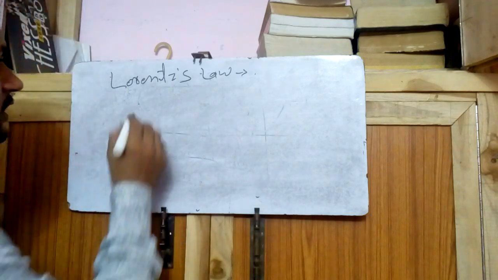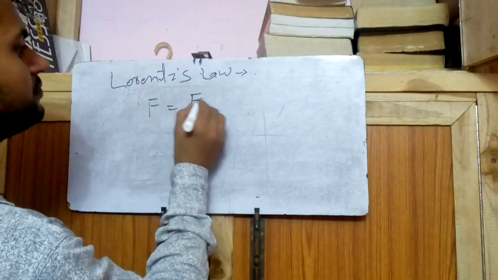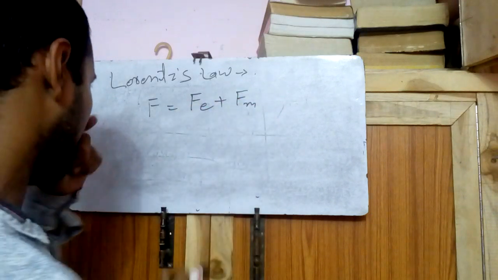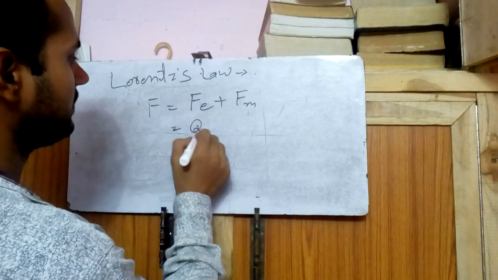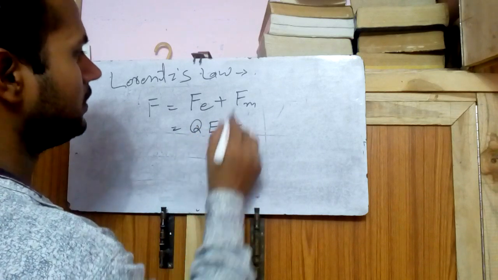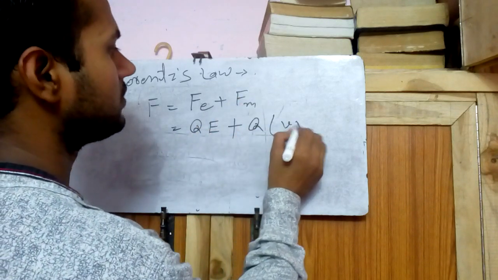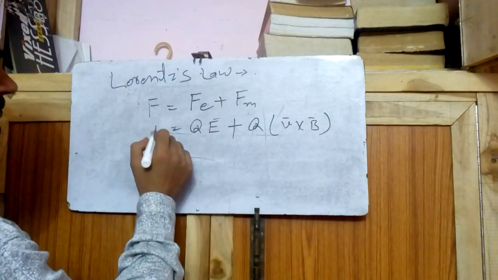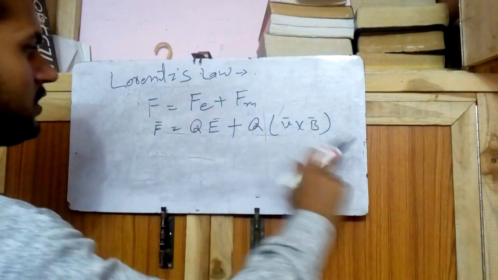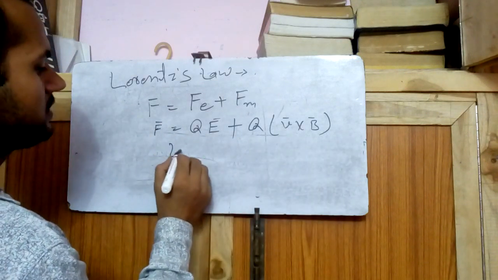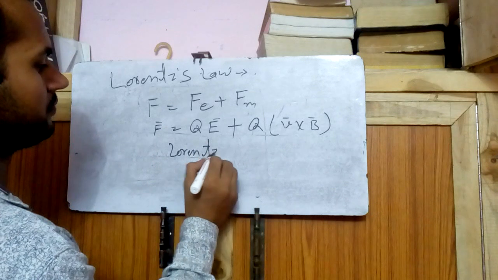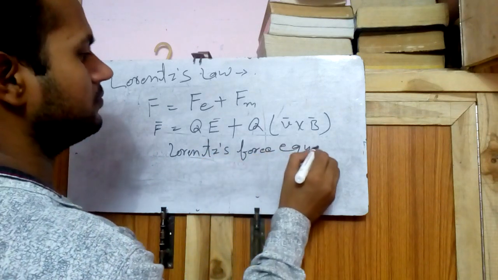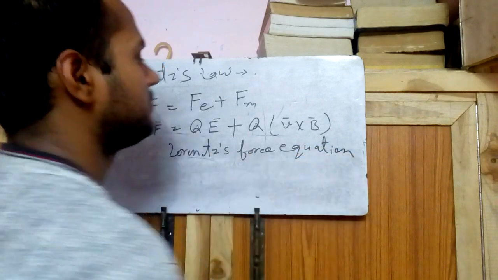If a charge is placed at a place where electric field and magnetic field are both present, then the total force will be Fe plus Fm, electric force plus magnetic force. Fe is QE, and Fm is Q into V cross B. This equation is known as the Lorentz force equation.